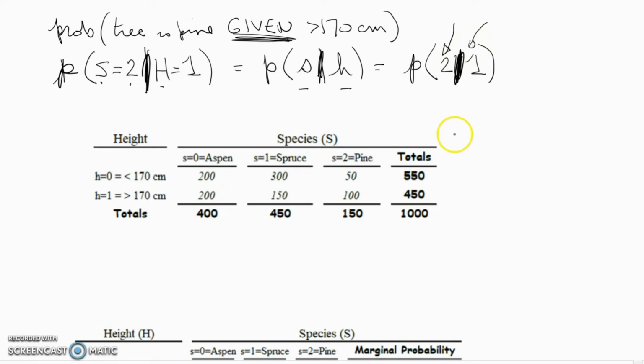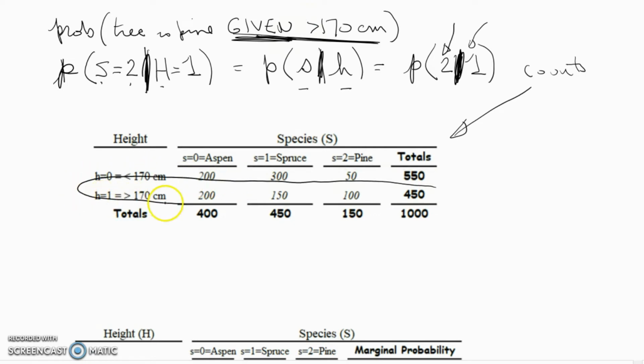So if we come to this table here, which is a table of counts, we can see how we would answer that question. We know it's given that the height is greater than 170 centimeters, so we're now operating in this particular row. And now we want to know, given that we're in this row, what's the probability that a randomly selected tree is going to be a pine? Well, looking at this table, the answer is pretty obvious.